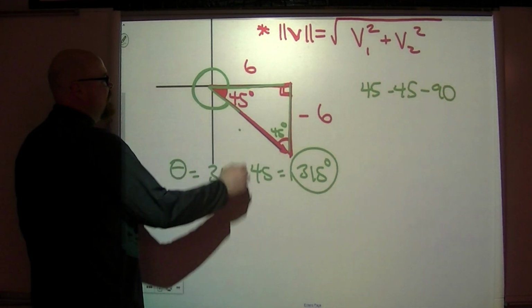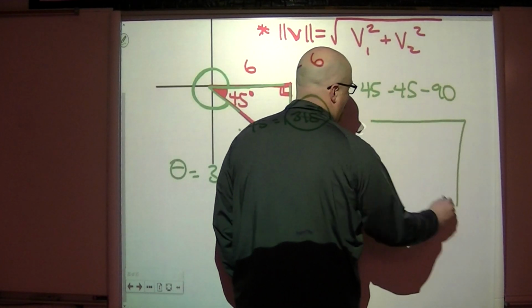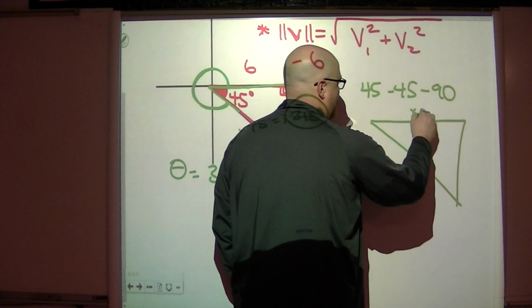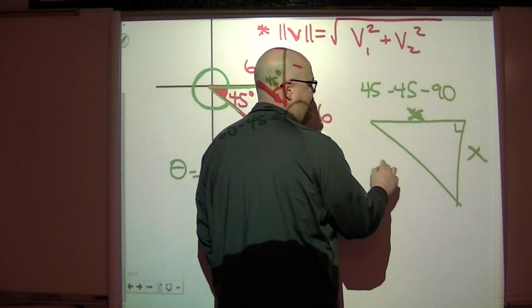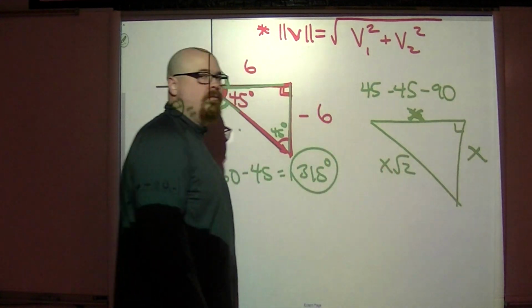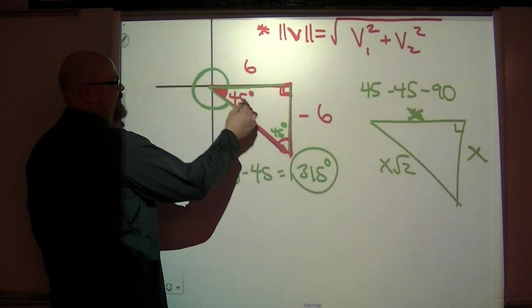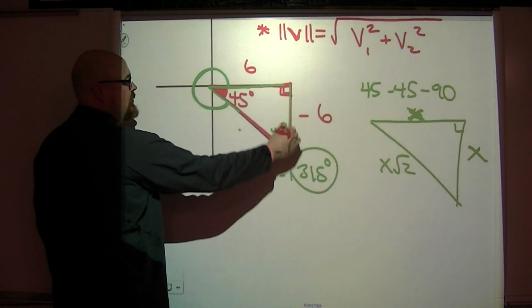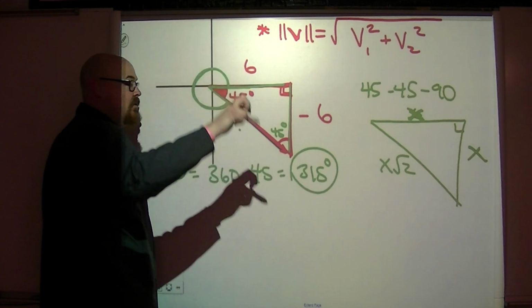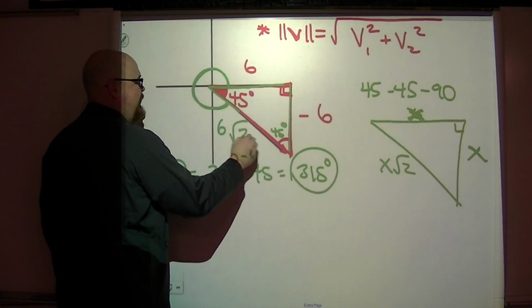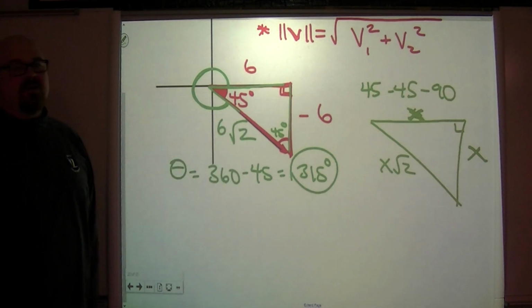Let's call these x. The hypotenuse of a 45, 45, 90 triangle will always be whatever the lengths of the legs are times radical 2 every single time. So if I have this 45, 45, 90 triangle, and these two side lengths are 6, then I know that this hypotenuse is 6 radical 2. And that also happens to be the magnitude of this vector.